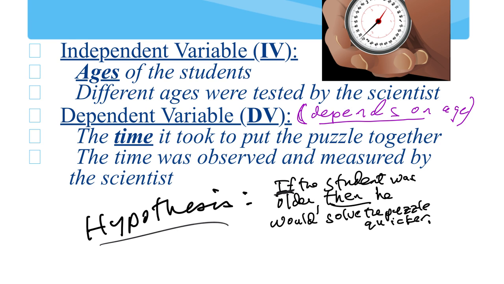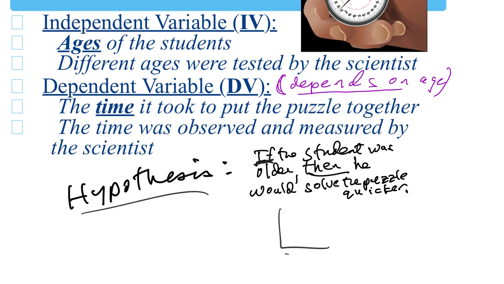Some kids are going to be really good puzzle solvers at an early age. But you should see a pattern that goes like this. As age goes up, the puzzle solving time goes down.